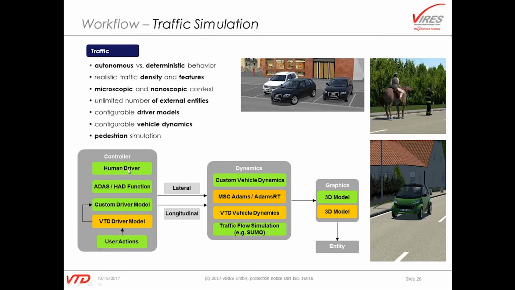A typical use case for a driver-in-the-loop simulator is that you have a human driver doing the lateral control, and you have an ACC, or adaptive cruise control, doing the longitudinal control. And all of this, of course, may also be controlled with our VTD driver model. So there are quite a few combinations of how you can run the whole software. And again, you can do this per vehicle in the simulation, and you can do a couple hundred vehicles in the simulation. So you see the scalability there.